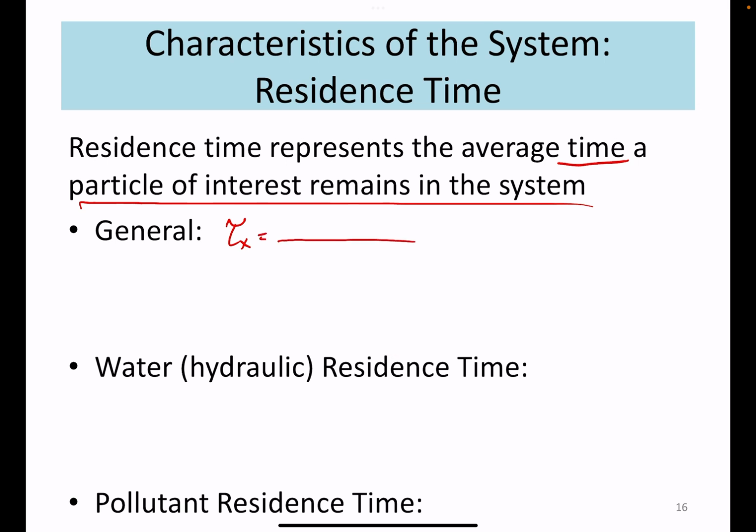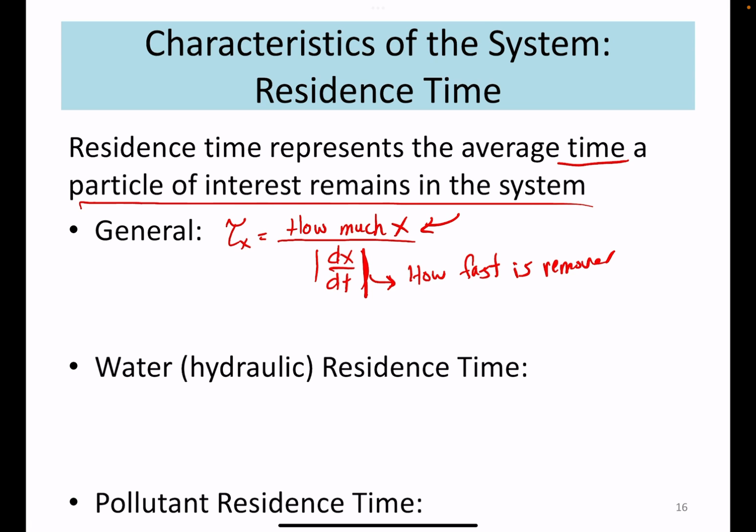General equation. This is how much X, how much of the organic we have, over dX over dt, which is how fast X is removed. How much is in the system, and how fast it is removed from the system.